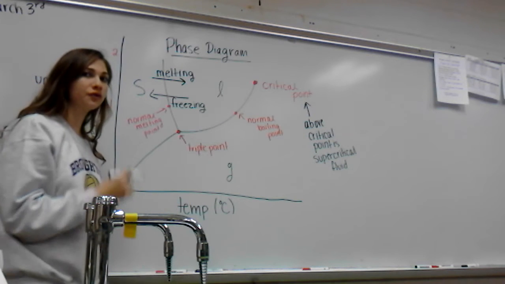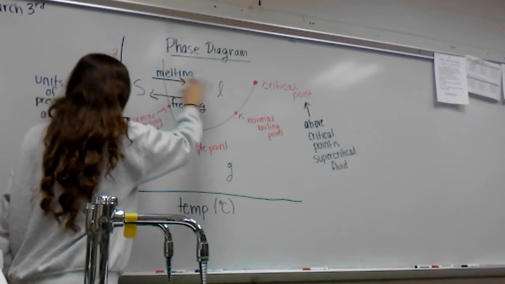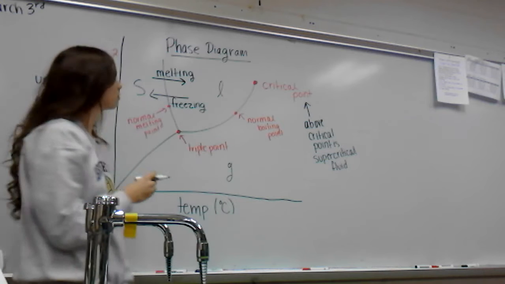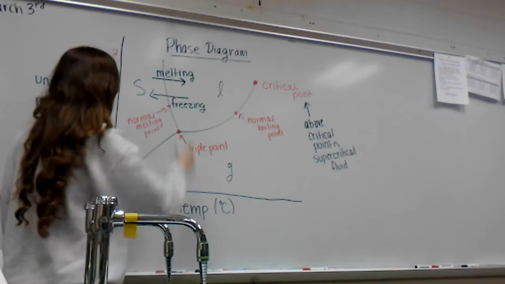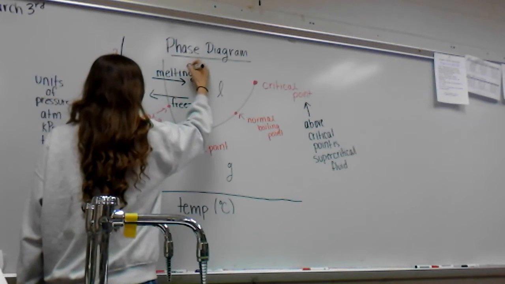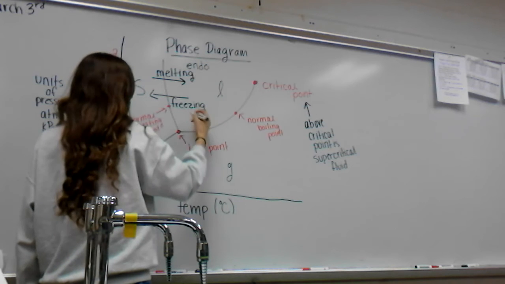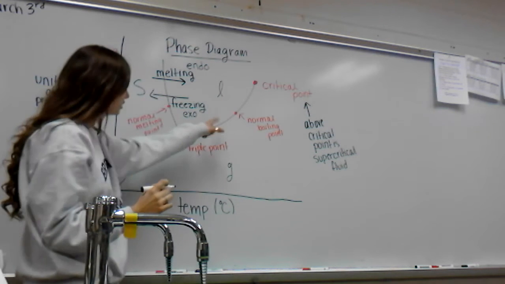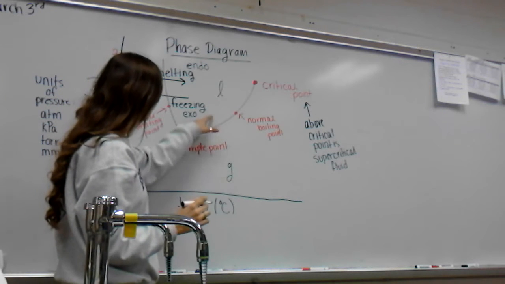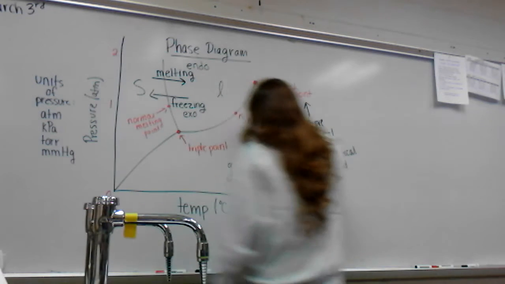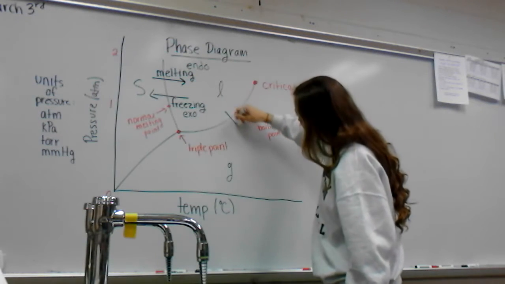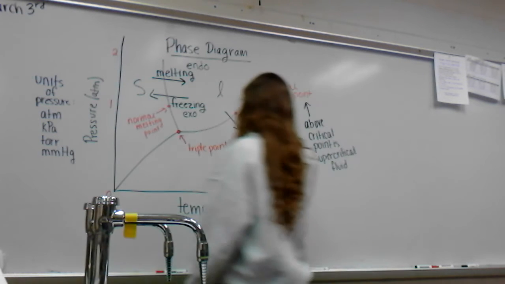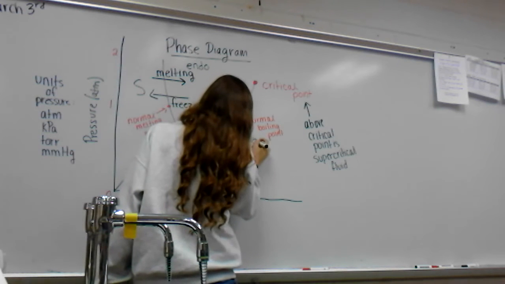Now it's also important for you to realize which direction is going to be exothermic or endothermic. Melting is endothermic. Freezing is exothermic. Now let's look at our equilibrium line between liquid and gas. As we go from liquid to gas, this is called evaporation.